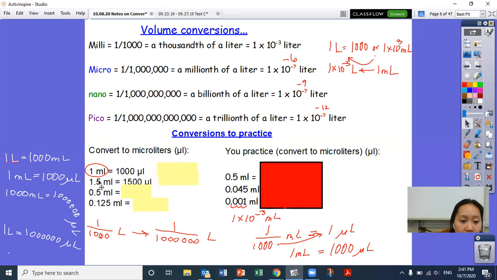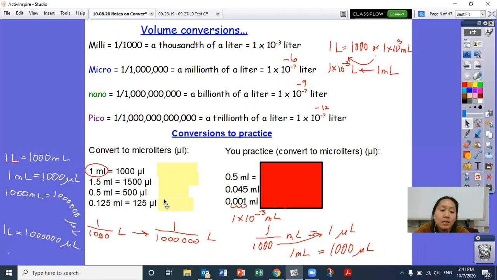You can see that since the 5 was already behind the decimal, when you move the decimal 1, 2, 3 times, only 2 more zeros get added in. But if you compare the spacing, they still have the same number of digits between 1 and 1.5, okay? 0.5 milliliters, if you move the decimal point 1, 2, 3, you're going to add 2 zeros behind the 5, but there's no 1 in front, so you just get 500 microliters. And 1.25, as you move 1, 2, 3, you would get 1,250 microliters.